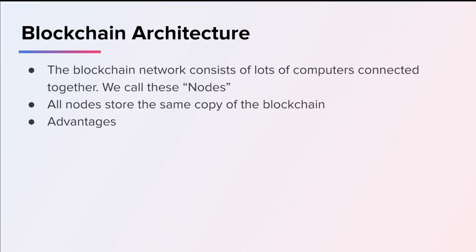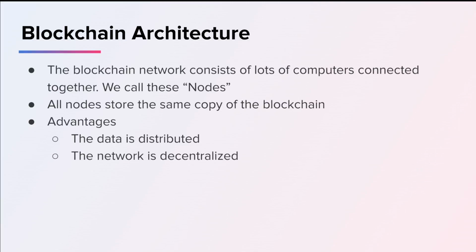This type of network has the following advantages. Because there are multiple copies of the blockchain database, it's very hard to destroy or to take down. The data is distributed, and there's no central authority that controls the network. Therefore, it is decentralized. The system was also designed to be transparent because all transactions on a public blockchain are viewable to anyone with an internet connection.